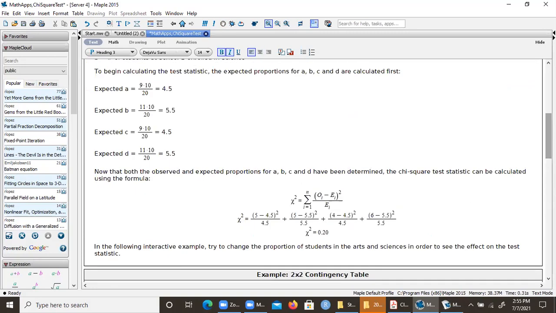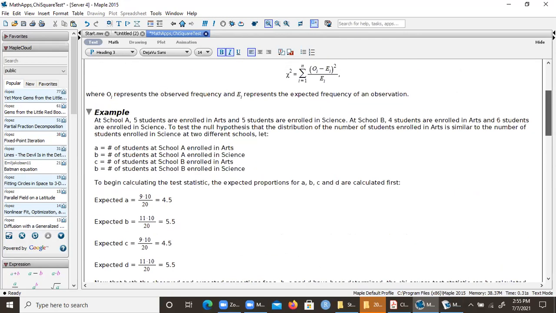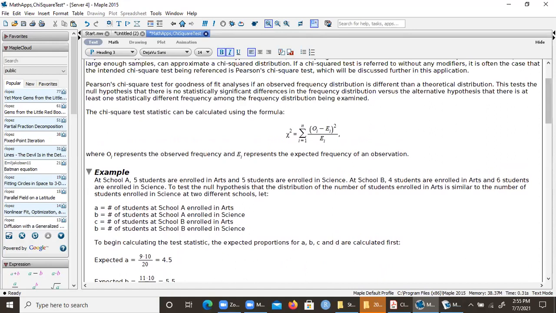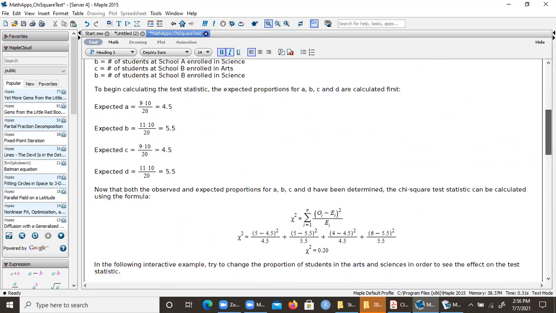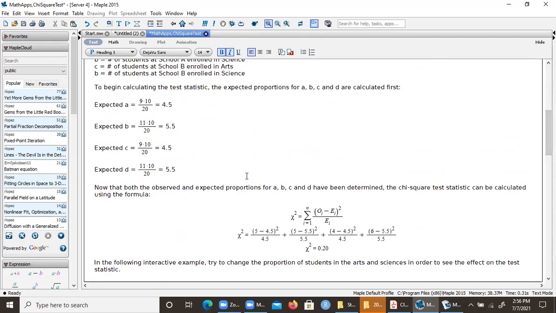They have just explained what a contingency table is and how we can use the chi-square goodness of fit using this particular formula in case of a 2 by 2 contingency table. First of all, they have calculated the expected frequencies, just like I showed you in the earlier cases, and explicitly calculated the chi-square statistic.